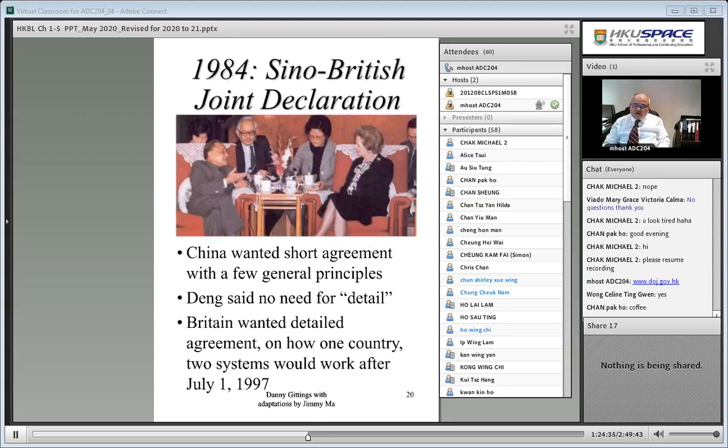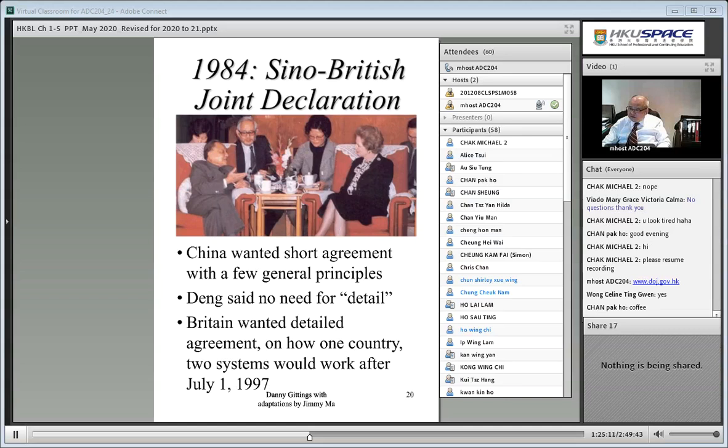Just refreshing a little bit, this may in a way reflect the wisdom of Deng Xiaoping. What Deng Xiaoping wanted was a short agreement with a few general principles. So the agreement eventually is called the Joint Declaration, and you can see it's really short, really short for a document of this nature. How many provisions? It has only the main provisions.